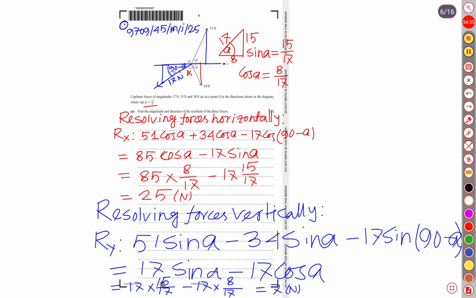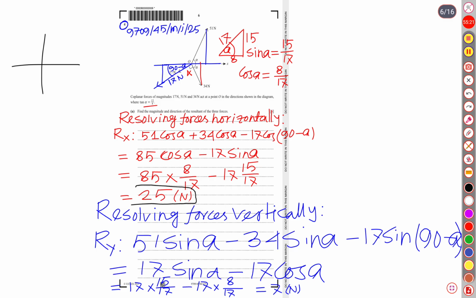So horizontally we have got 25 Newton and vertically we have got 7 Newton. Then they have told us to find the magnitude and direction. Look at this, x direction and y direction, both of them are positive.